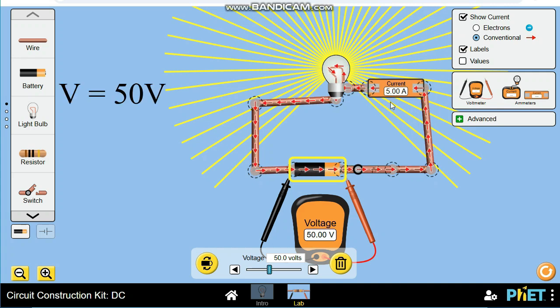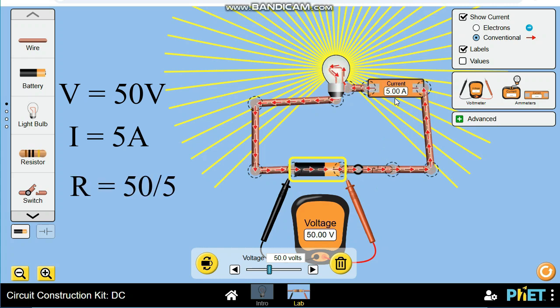Now you can see that the current flowing through the bulb is 5 amperes. If we divide the potential difference by the amount of the current, that is 50 divided by 5, we get the resistance of the bulb, which is 10 ohms.